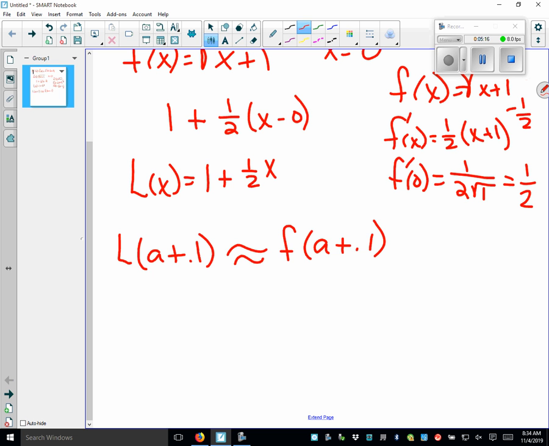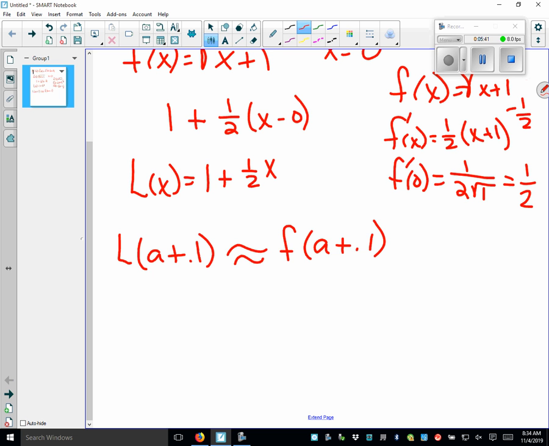What's L of a plus 0.1? Doesn't this mean in place of x, I put in 0 plus 0.1? What is that?